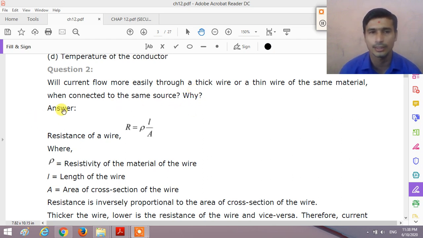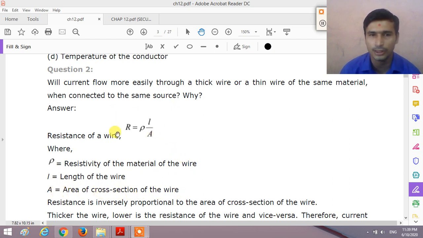So we know that the resistance of a wire R is equal to rho L divided by A, where rho is the resistivity of the material, L is the length of the wire, and A is the cross section area of the wire.